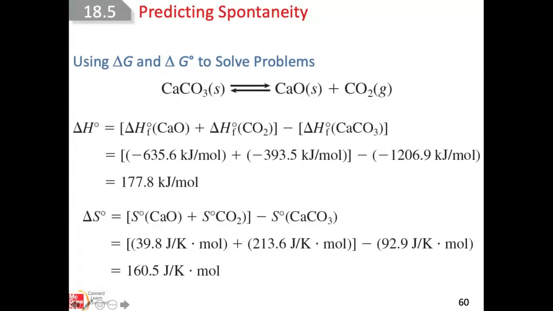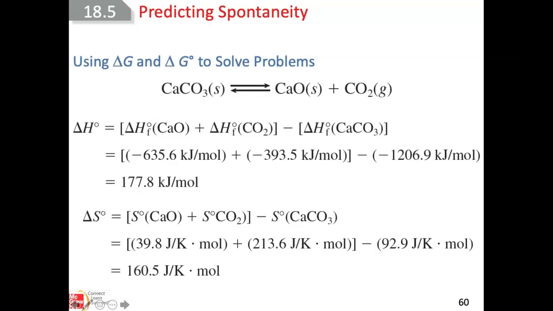And as I said, there is a similar formula to the one for the standard free energy of formation. So this is the standard enthalpy for the whole reaction. This is the standard entropy for this reaction, but we need to know the entropies of all of those component substances here.